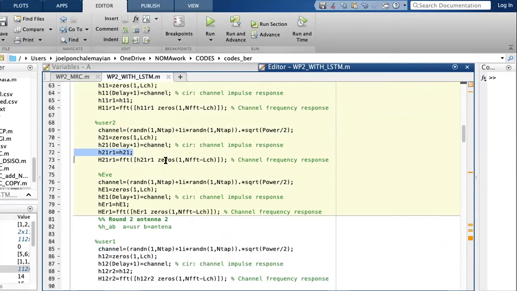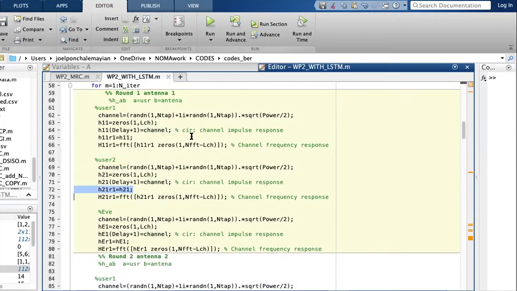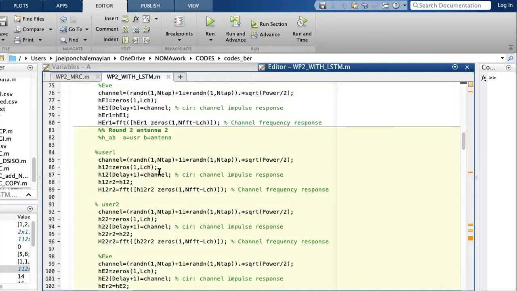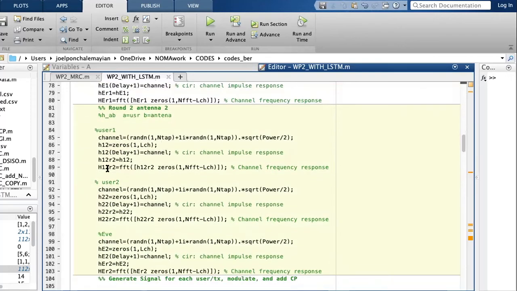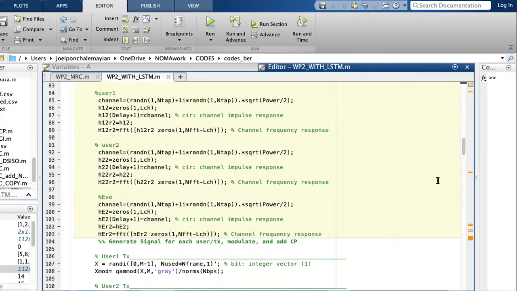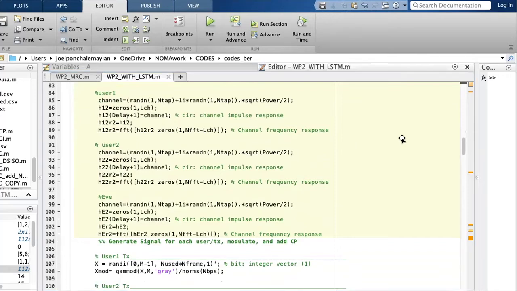So for each round, this is round one, we find these channels. For round two, for instance, you find the other channels, H12, H22, and also Eve, all these channels basically. So this is where we're finding them, round one and round two.